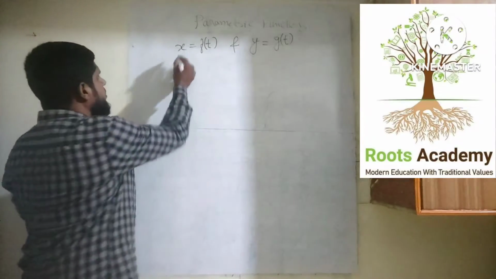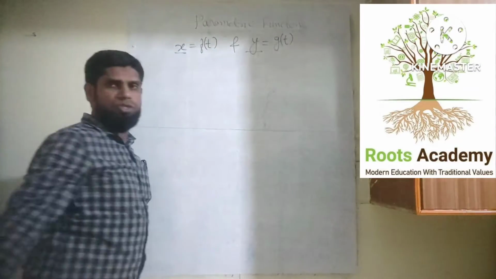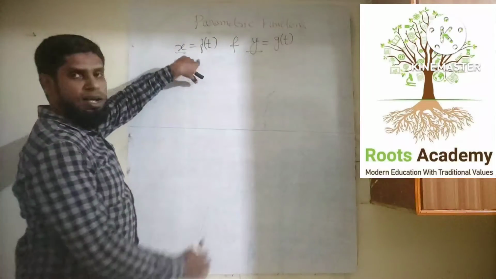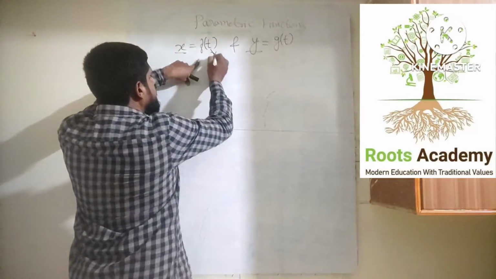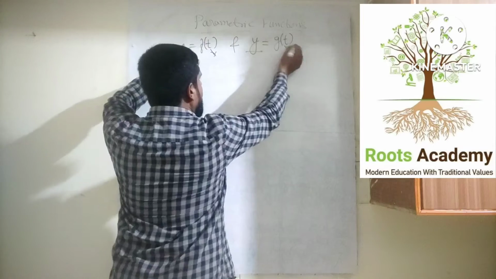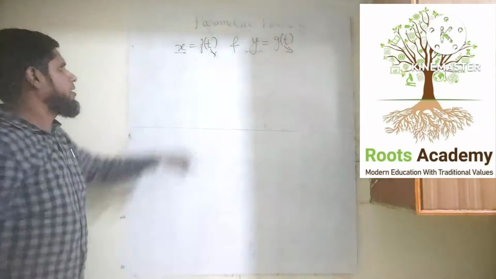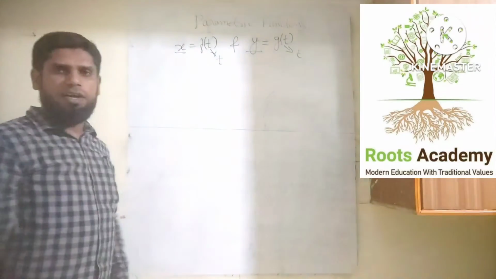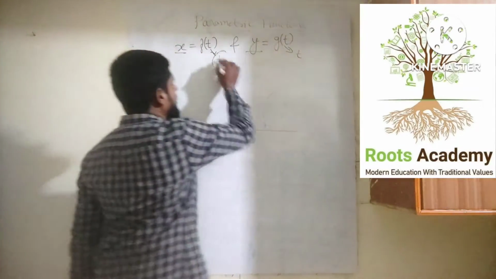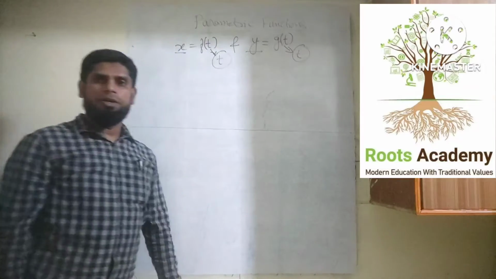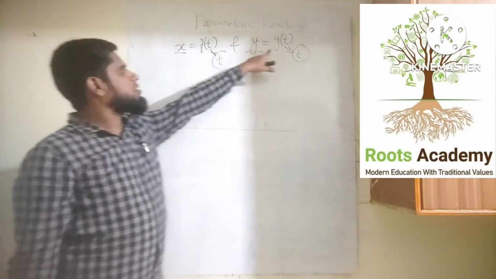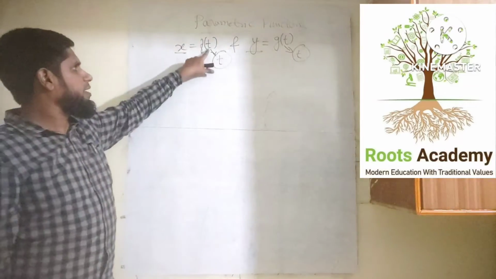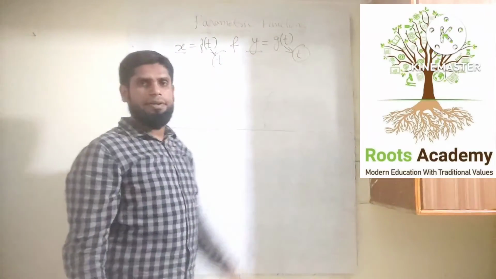So we can see here x and y are two different functions, but both functions have the same independent variable, that is t. Both the functions depend on t. So these two functions are called parametric functions, where t is the parameter.